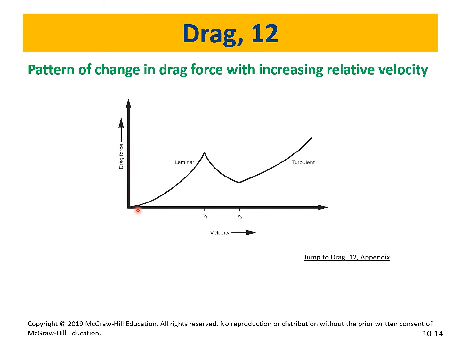When you have laminar flow, the drag force increases with velocity. This is actually for airplanes. Then at a point, between two velocities, the drag force goes really down, because you are still in the laminar flow. Once you hit that upper limit velocity, you start getting turbulence, and that's going to break the airplane, because the drag will be really, really large.